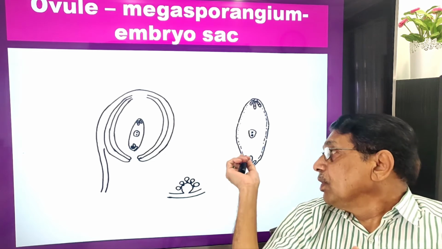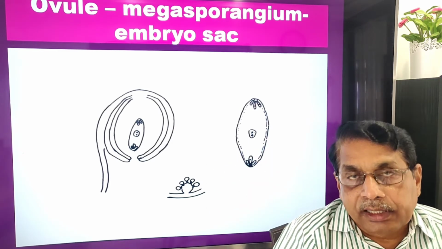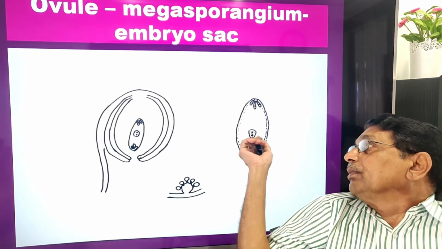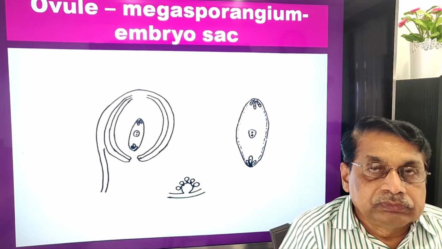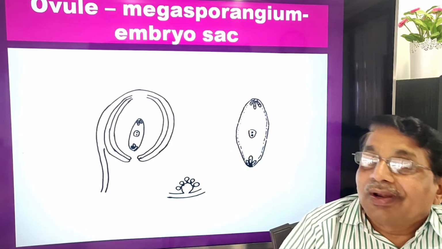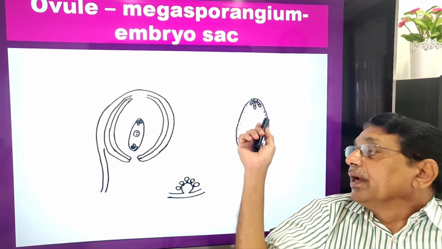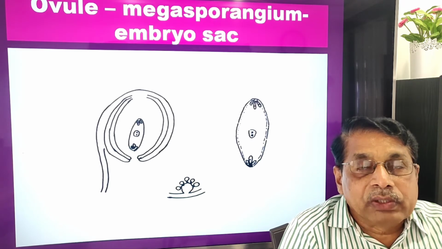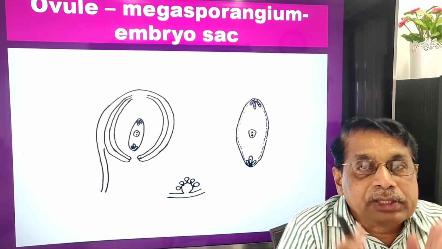The central one is the egg cell or female gamete. In the center, there will be a cell with two nuclei. These two nuclei are called polar nuclei. One comes from this end, another comes from this side, and for some time they will be side by side. That cell is binucleate, and this cell participates in triple fusion.